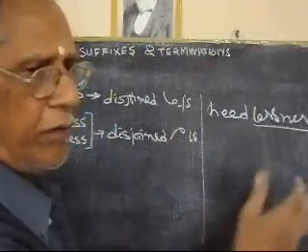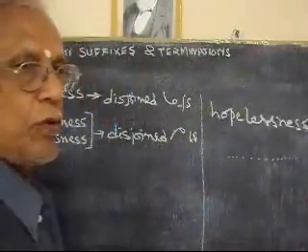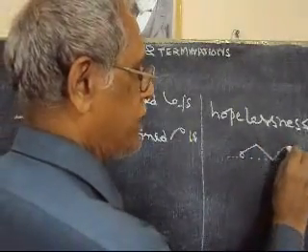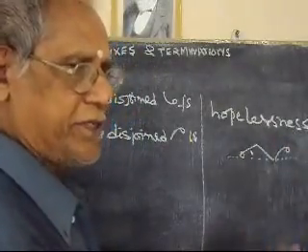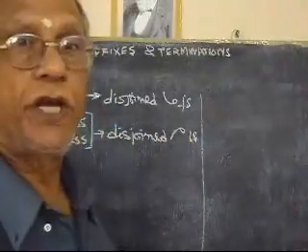Heedlessness. No vowel is required. Lessness, L surplus. That's all. Hopelessness. How do you write? Hopelessness. For lessness, no vowel sign. It is a contracted form. That's all. Now it is disjoined.